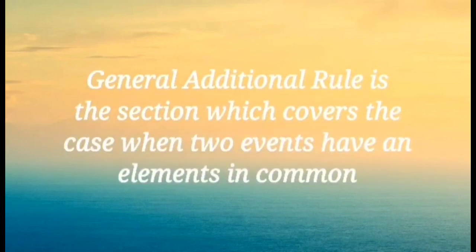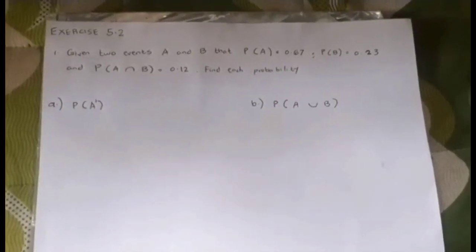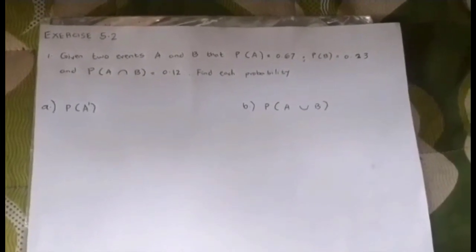Hello, let's talk about the General Addition Rule. The General Addition Rule is a section which covers the case when two events have elements in common. Exercise 5.2, number 1.